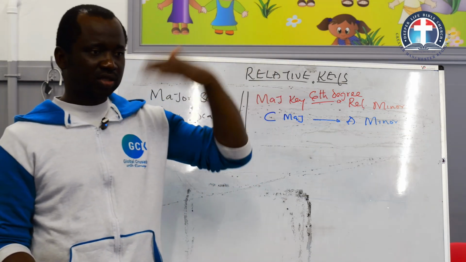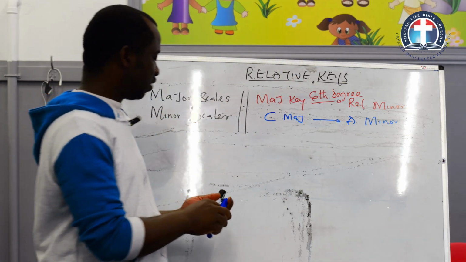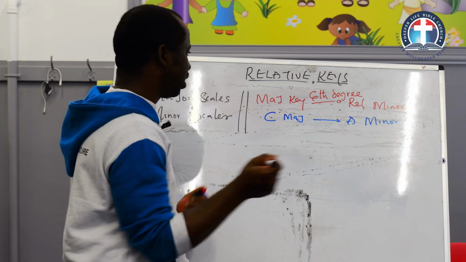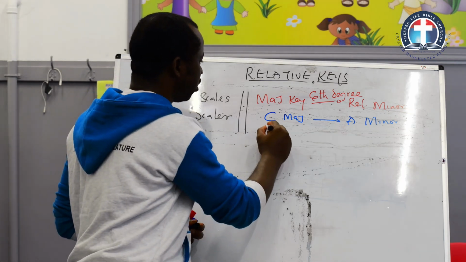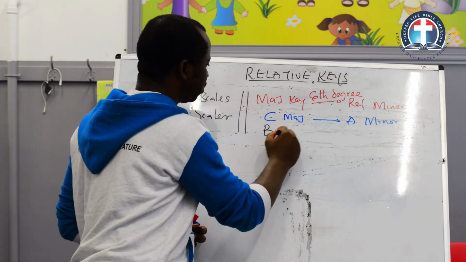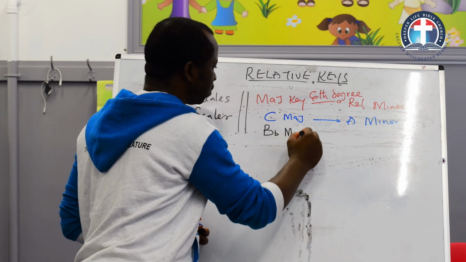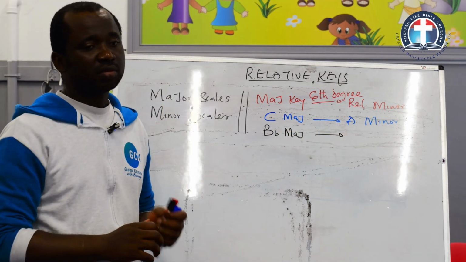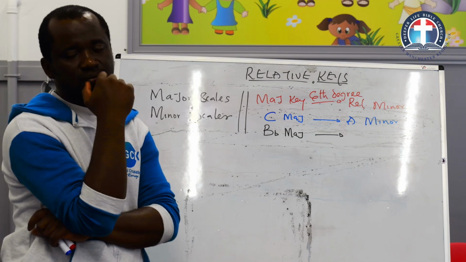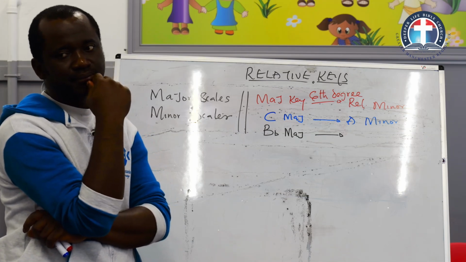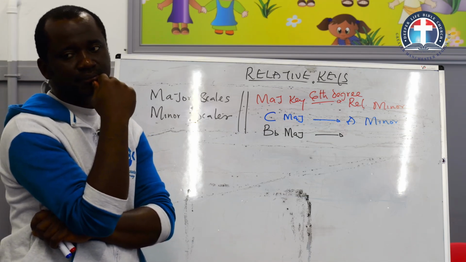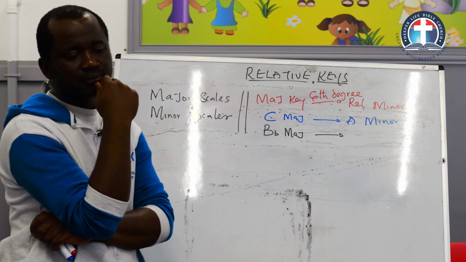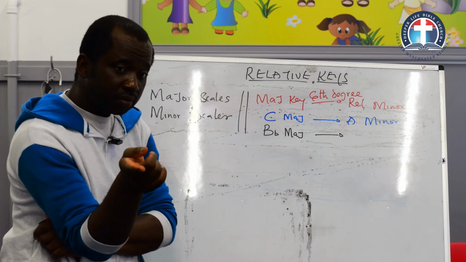Then you can take it up to, I'll just do one more example and I'll leave the rest with you. So you have B flat major. What is the relative minor of B flat major? You say?